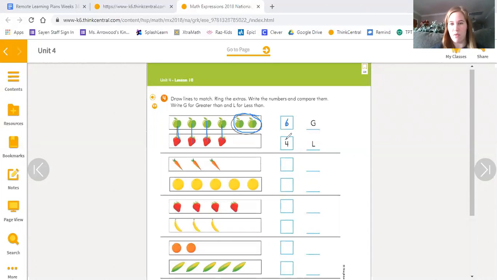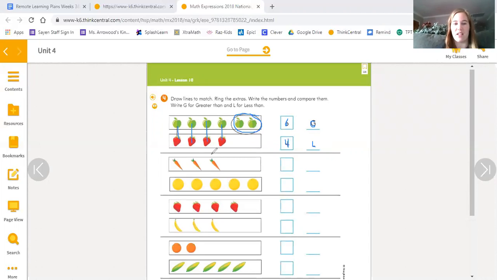And write number 4. Okay, now I need to figure out which group is greater. Which one do you think? The apples are greater, so I'm going to write a G for greater. And the strawberries, there are less strawberries than apples, so we're going to write less.